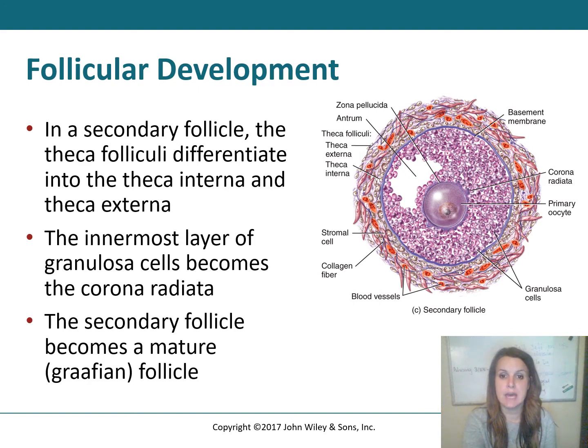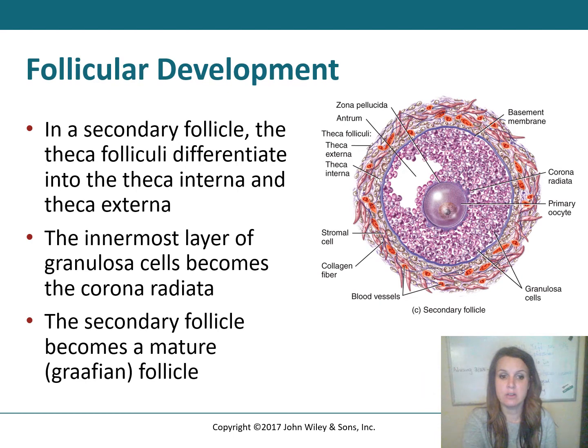So what I mean by that is you have a theca folliculi consisting of the theca externa and the theca interna. And then if you move in more towards the center, you have the innermost layer of cells that surrounds the oocyte, and these are granulosa cells, and they become the corona radiata.